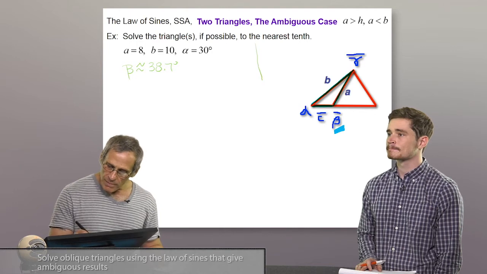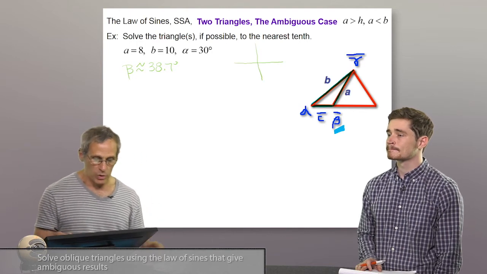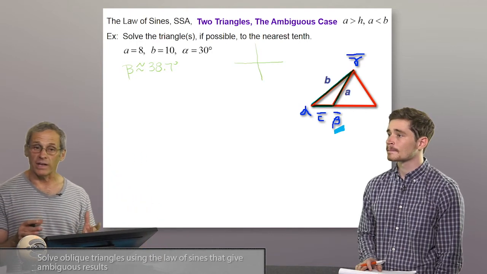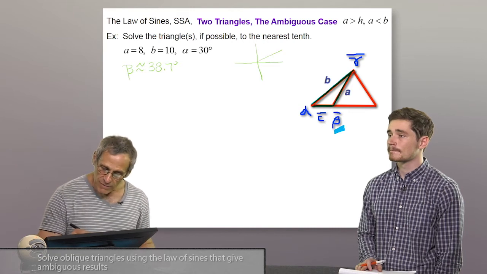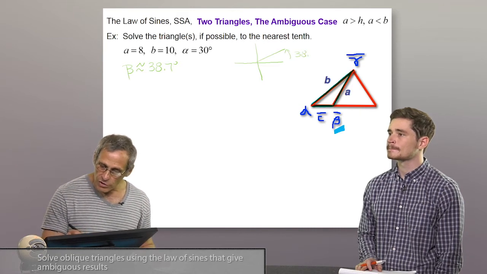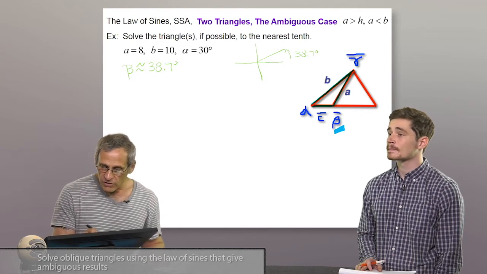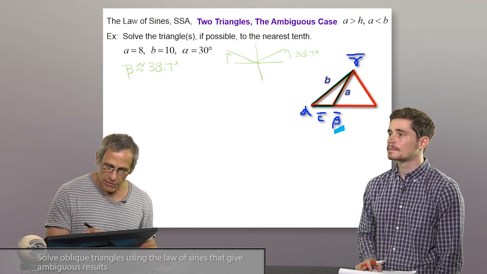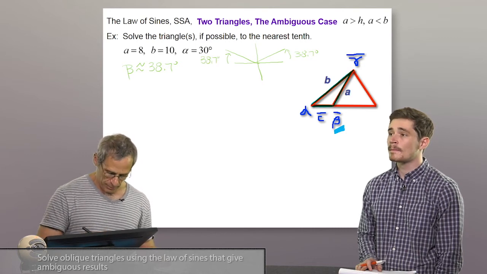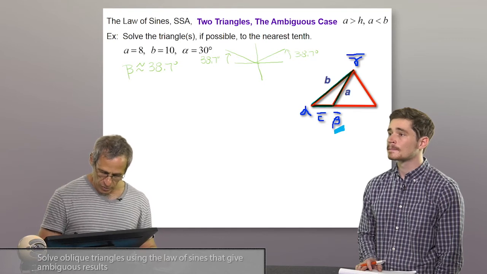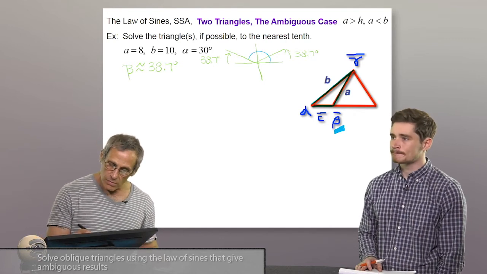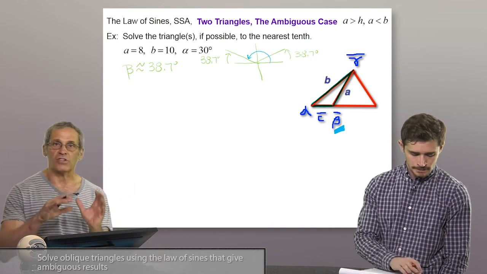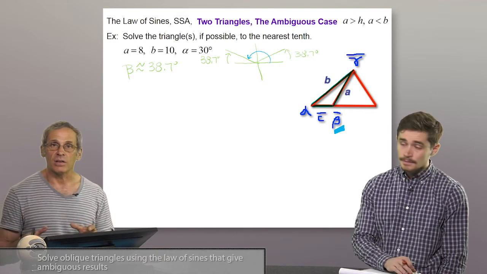Now, if you think about that, that came from the fact that we knew the sine of beta and we took the arc sine. And we found that angle 38.7 degrees. But see, with the sine function, which is positive in quadrant 1 and 2, if 38.7 degrees is a reference angle, then this rotation, which is very important to us, could also have that same sine of beta hat.